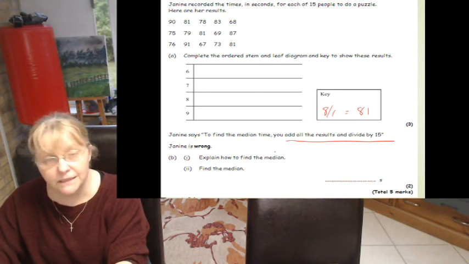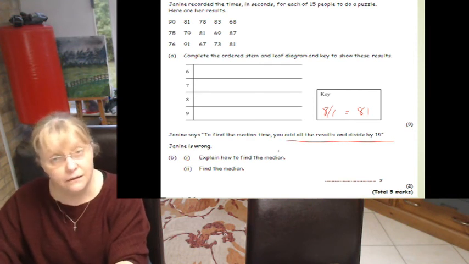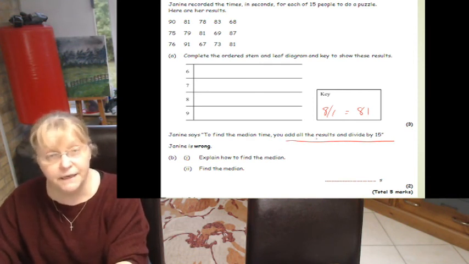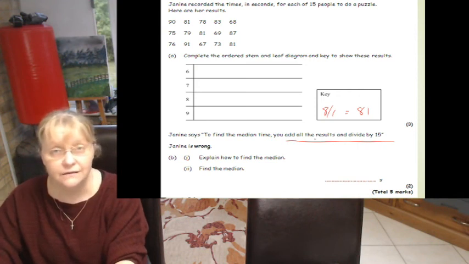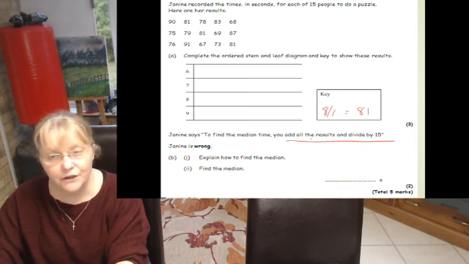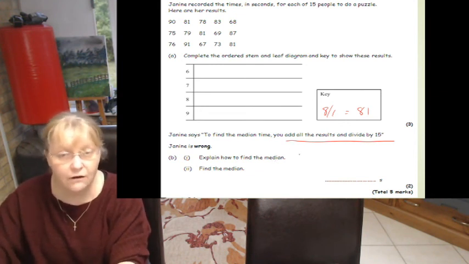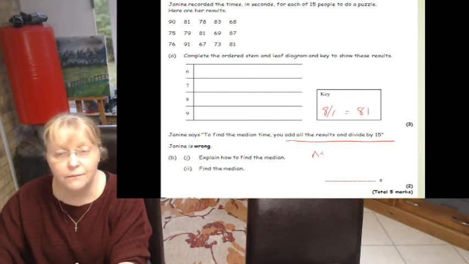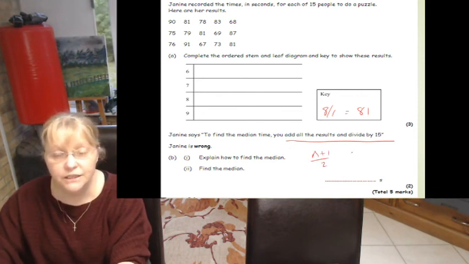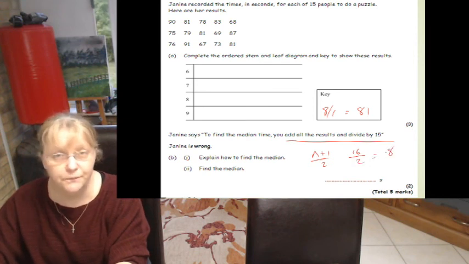Remember, median is medium, which is middle. Instead, this is the mean, because remember, mean girls stick together. So hopefully you've been able to show that there's a difference. And the way you find the median is, of course, you can do it by counting off or doing n plus 1 over 2, which is 16 over 2, which is the 8th number.